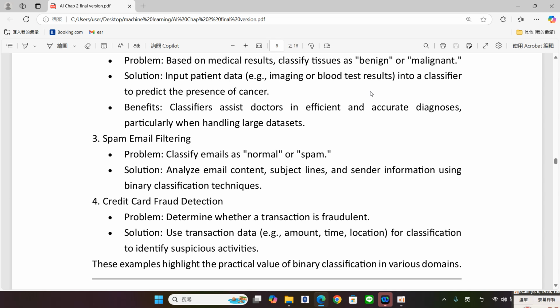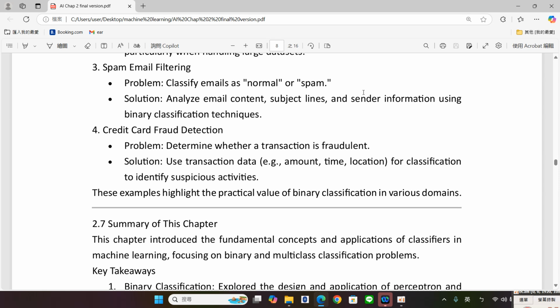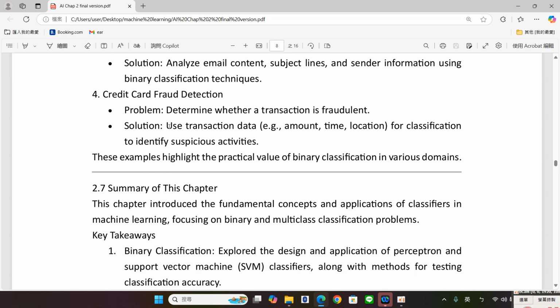The problem is to determine whether a transaction is fraudulent. The solution is to use transaction data, for example amount, time, and location, for classification to identify suspicious activities. These examples highlight the practical value of binary classification in various domains.